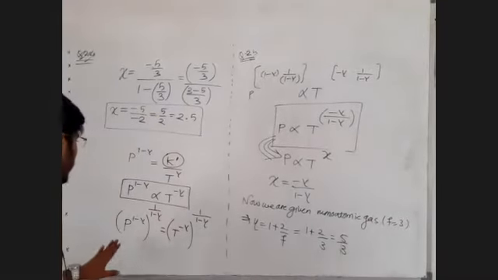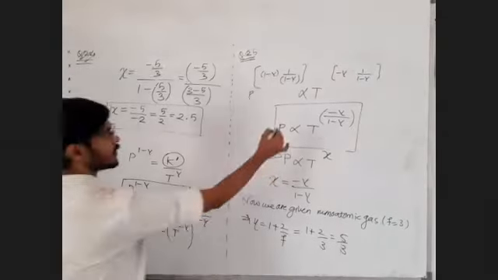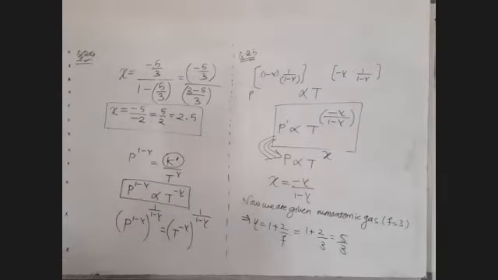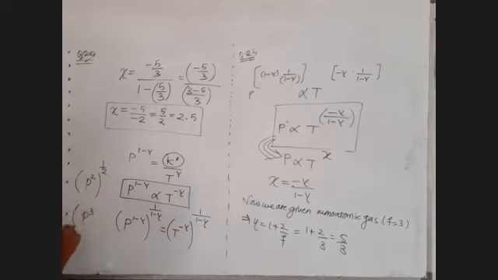Here we have P raised to 1 minus gamma. What we want is P raised to 1. Suppose there is P square and you want P raised to 1, what do you do? You take the second root, which is called the square root. If there is P cube and you want P raised to 1, you will take the cube root.